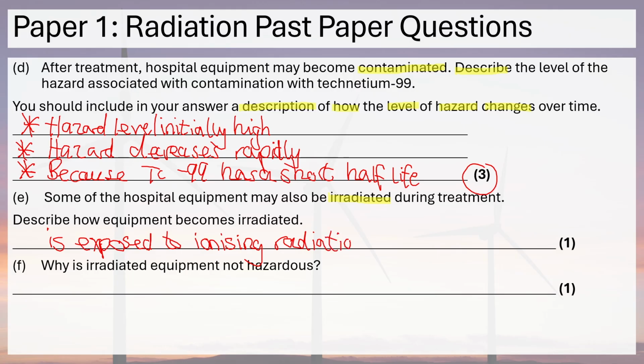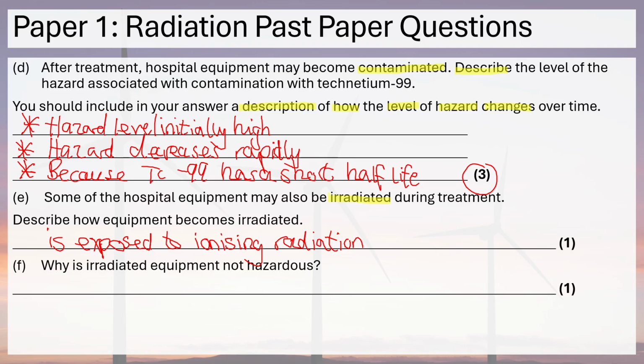So don't forget, all the way through this topic, we're talking about nuclear radiation because it comes from the nucleus of an atom, and we're talking about ionizing radiation. It changes the electron structure around an atom, and that's how it does damage.